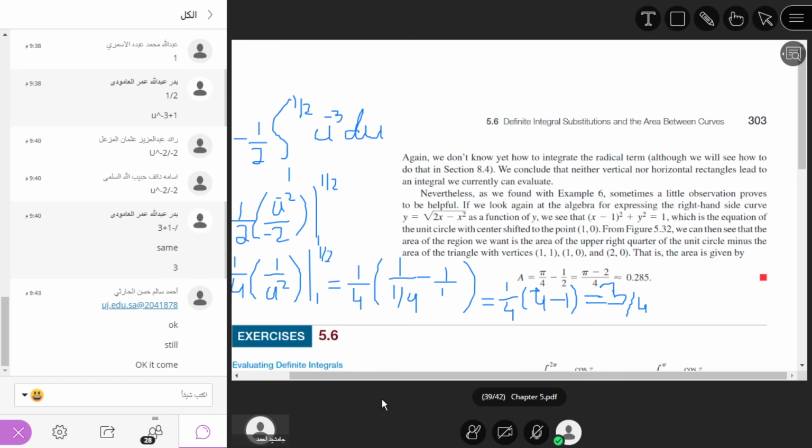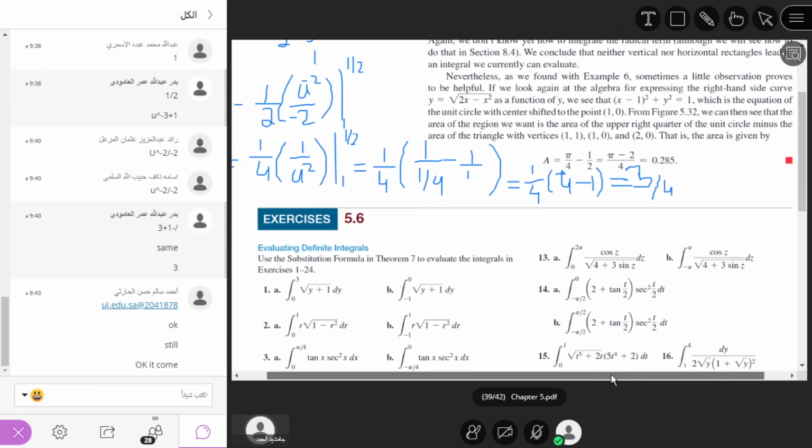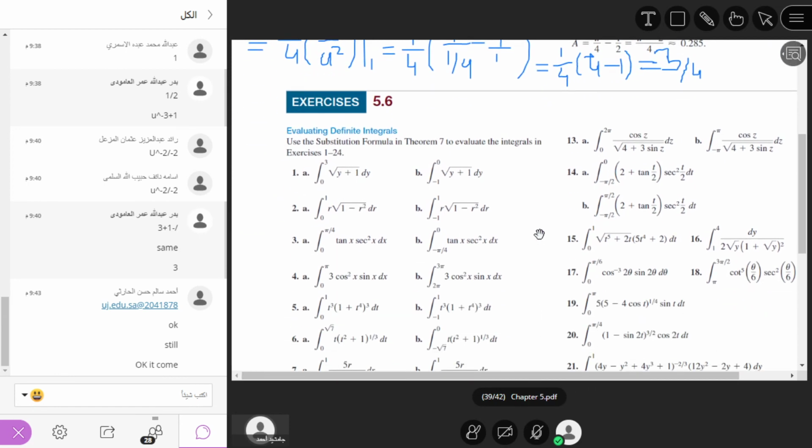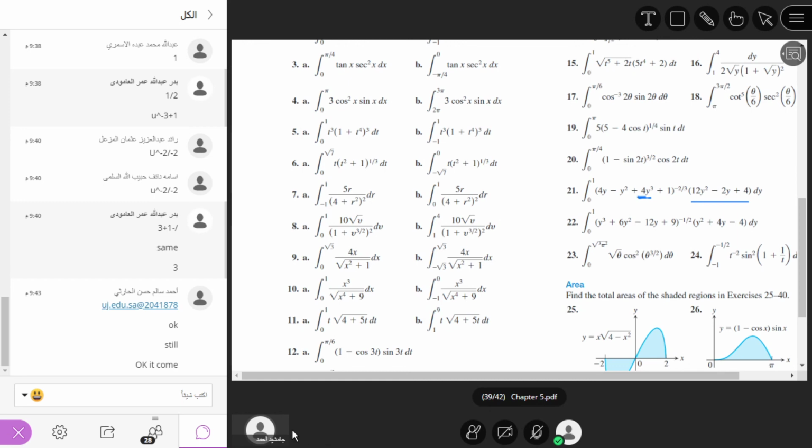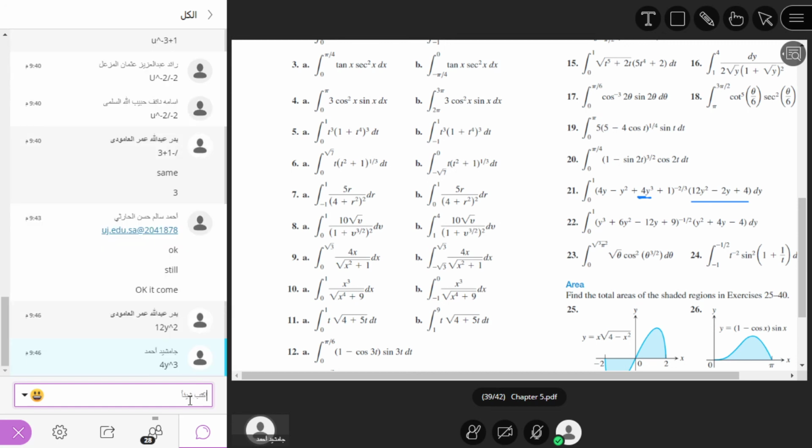Now, what is the derivative of 4y power 3? It is 12y square. Both have positive signs, so the derivative of 4y power 3 is 12y square.